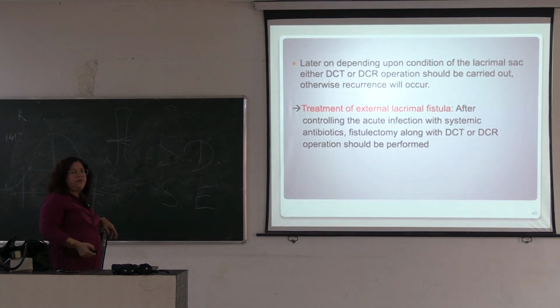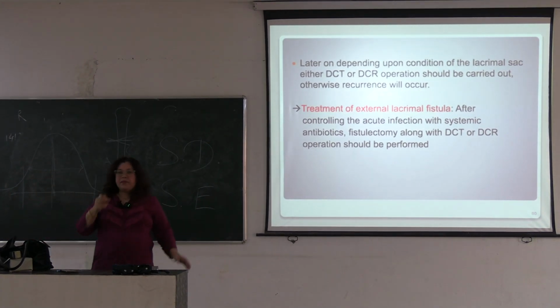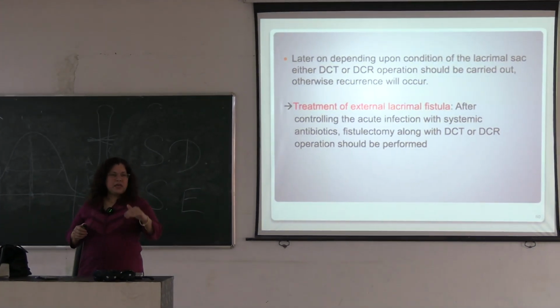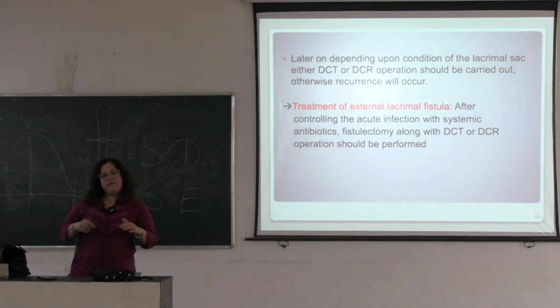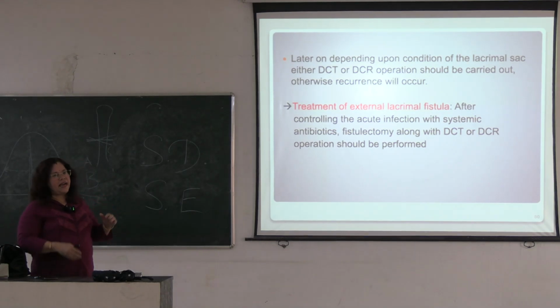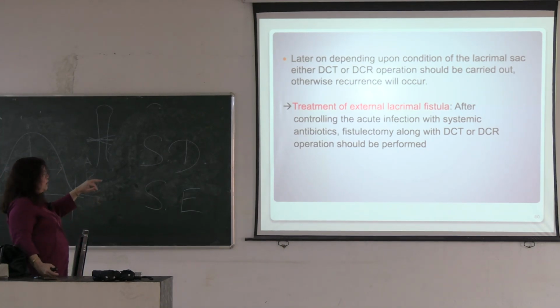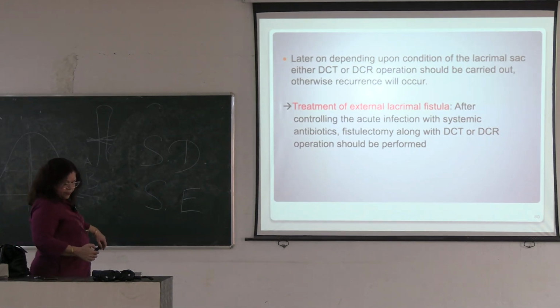And after some time, if the sac is normal, then dacryocystorhinostomy is done, and if there is a problem in the sac, atrophic or retracted or fibrosed, then dacryocystectomy is done. So that's all about the lacrimal apparatus. Okay.